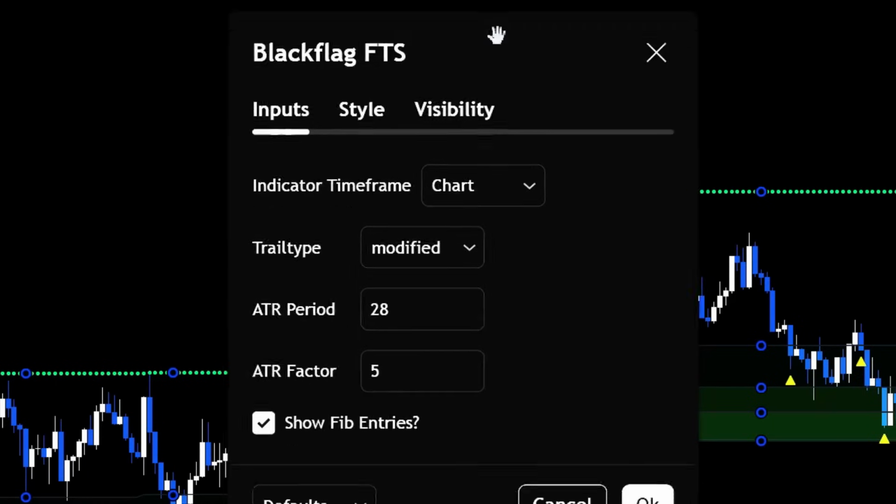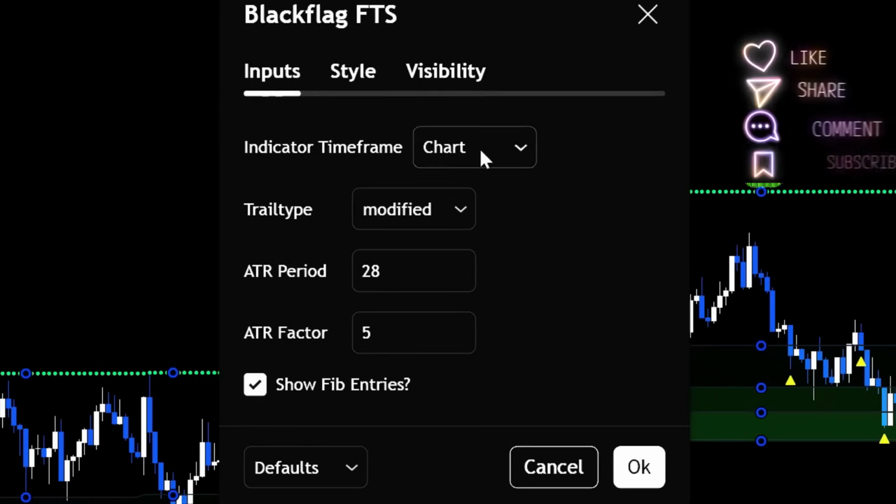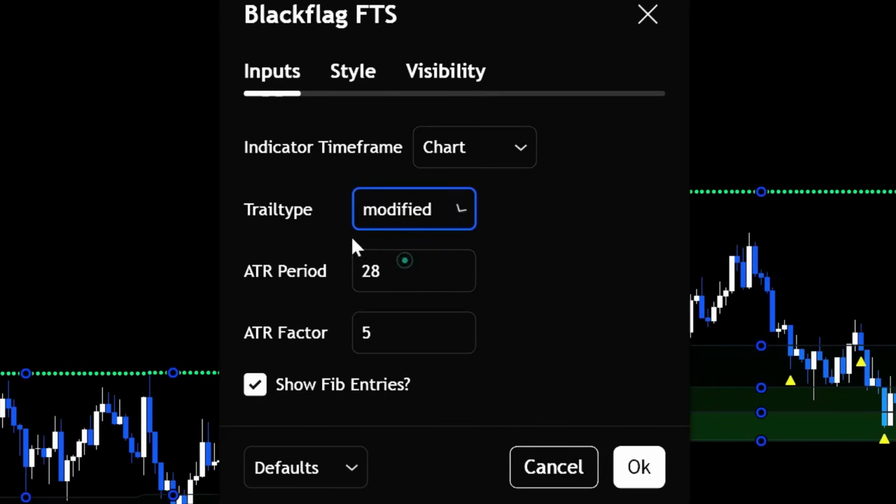Let's leave the time frame and trail type at their default settings for now. The two most important things we need to tweak are the ATR period and ATR factor. We're gonna set both of those to 5. Trust me, it works.